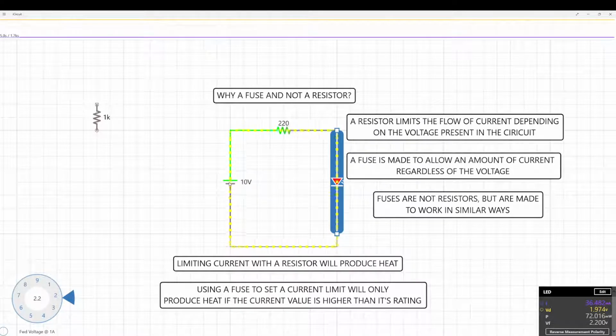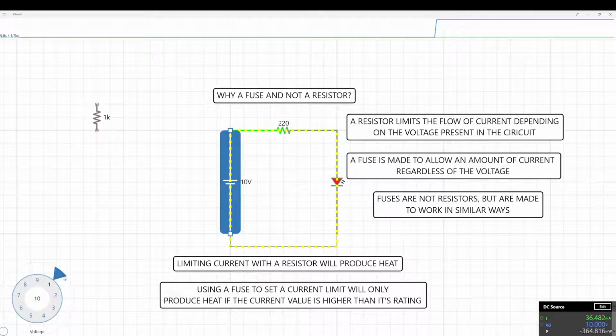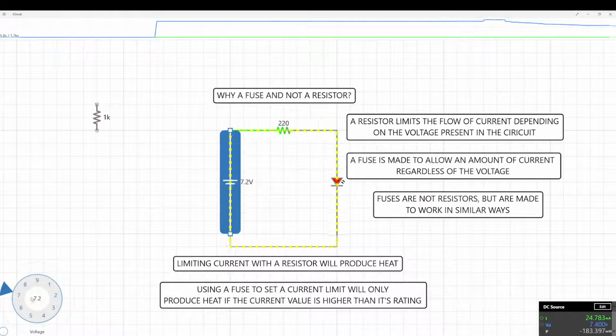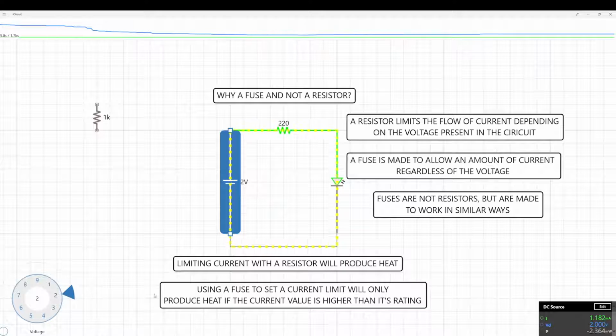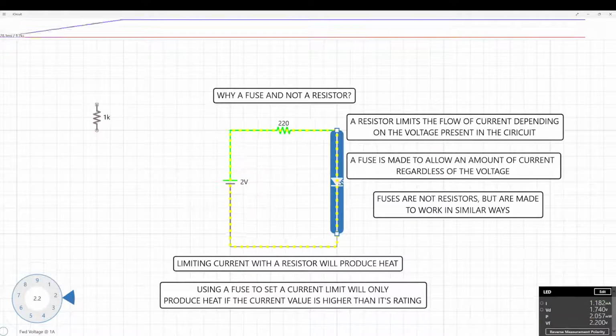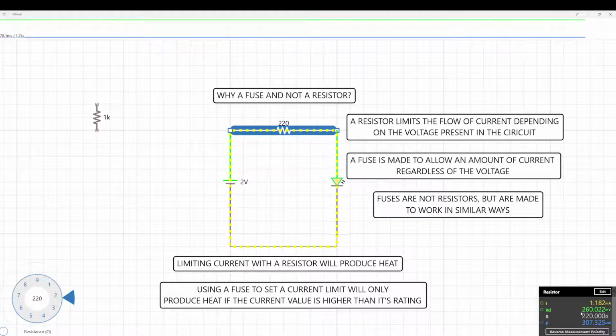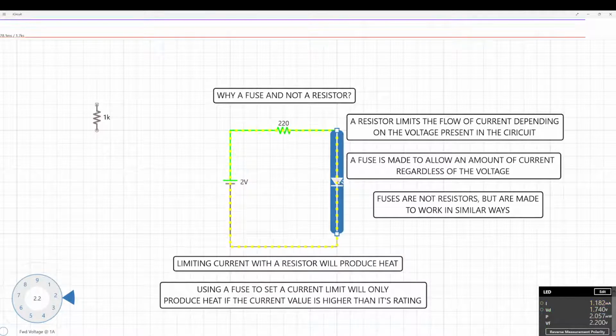So if you have a surge, or you have an increase in voltage, and also if you have a decrease in voltage, say down to 2 volts, you're not going to light the LED, because you're still getting a voltage drop across that resistor, where a fuse would not see the voltage drop, and you would have the correct voltage dropped across with the optimum amount of current.